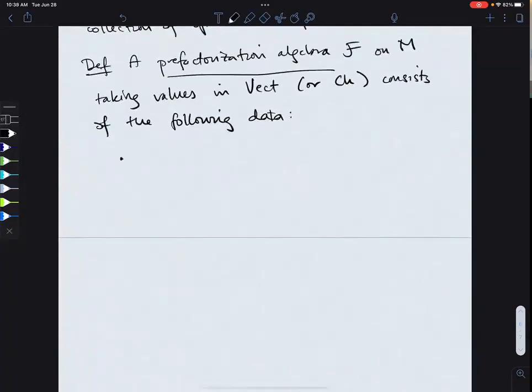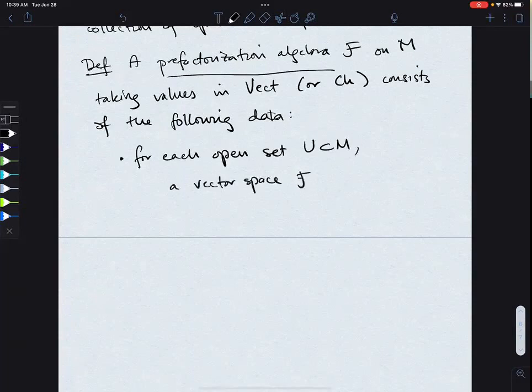For each open set U inside of M, there's a vector space or chain complex, F of U. For each inclusion of open sets, U sitting inside of V, there's a linear map.